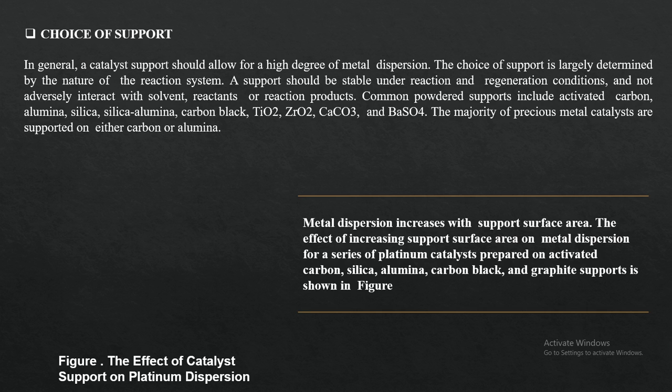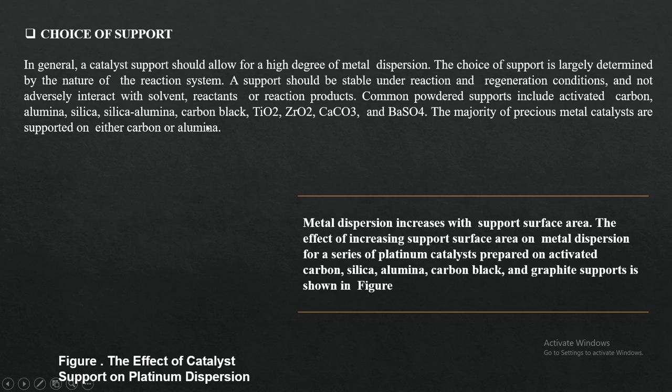In general, a catalyst support should allow for a high degree of metal dispersion. The choice of a support is largely determined by the reaction system. A support should be stable under reaction and regeneration conditions, and not adversely interact with the solvent or reaction product. Mostly the supports are titanium oxide, carbon black, silica, alumina, etc.